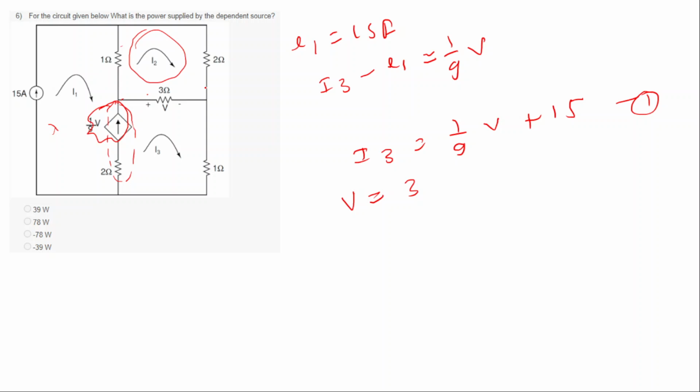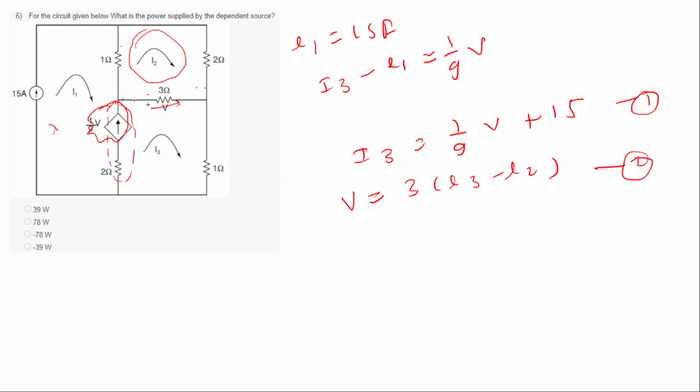This minus this potential will be the current in this direction. The current in this direction is I3 minus I2, so 3 times (I3 minus I2). This is our equation 2.